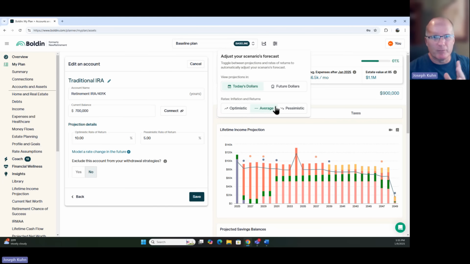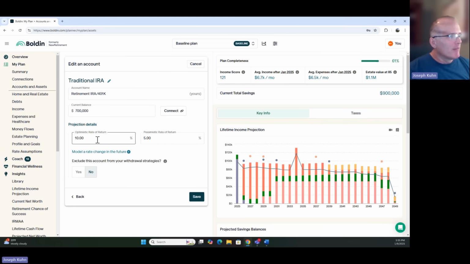It allows you to model if everything goes wrong, what's it look like? If everything goes right, what's that look like? So keep that in mind. So this 10, that's a big deal. Problem I see with countless people is they've been earning, say, 10% for the last 40 years.